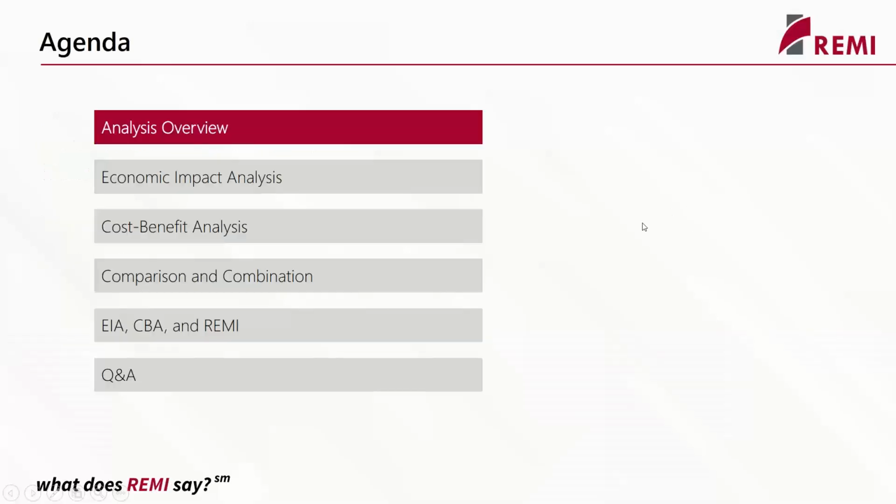Without further ado, here's a broad overview of what we'll be going over. First, I'll be going over the broad strokes of each, and also analysis in general, some perspective on that. Then I'll go into each of them specifically, first EIA and then CBA.